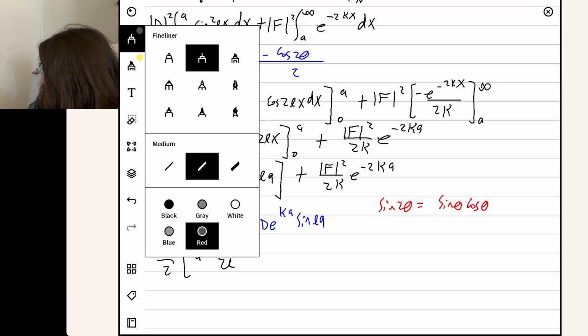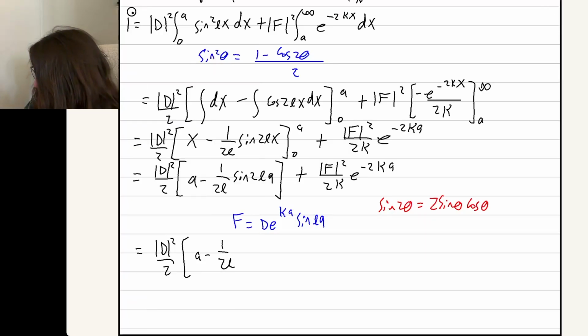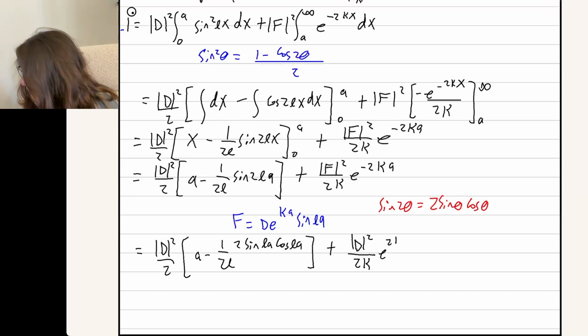So we can write this as 2 sine la cosine la, plus mod d squared over 2 kappa, times e to the 2 kappa a sine squared la e to the minus 2 kappa a. The exponents actually cancel out, and that's nice.